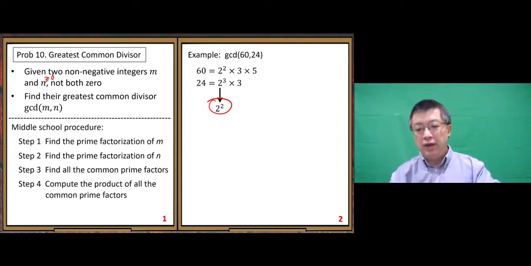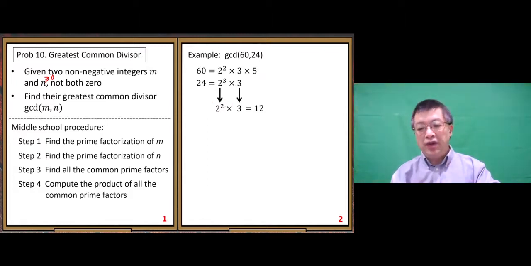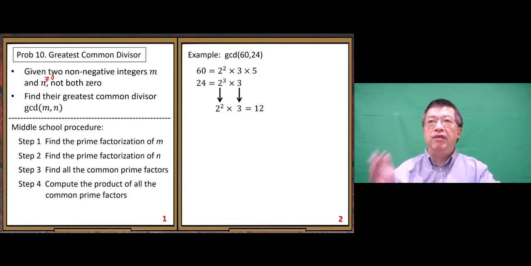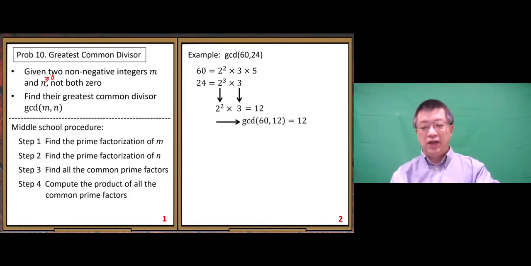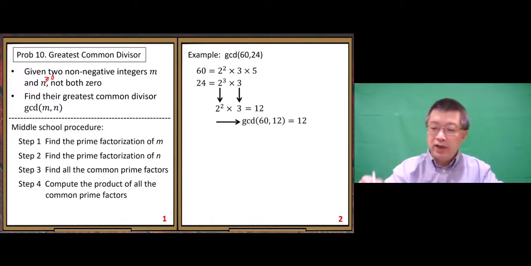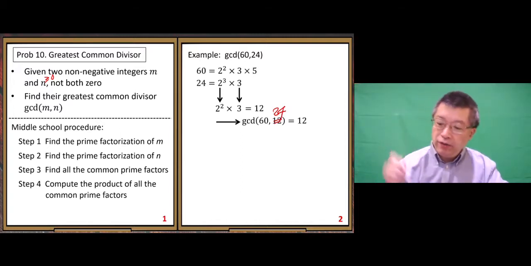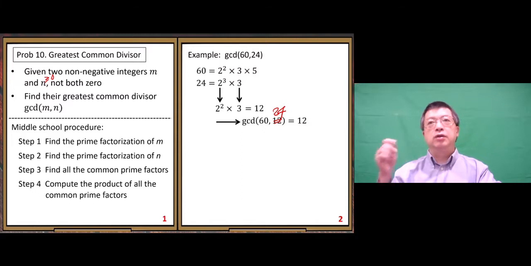For 3, just 3. Next we multiply these two numbers, so we get the greatest common divisor 12. So the answer is GCD of 60 and 12 is 12. Oh, sorry, this should be 24. GCD of 60 and 24 is 12.